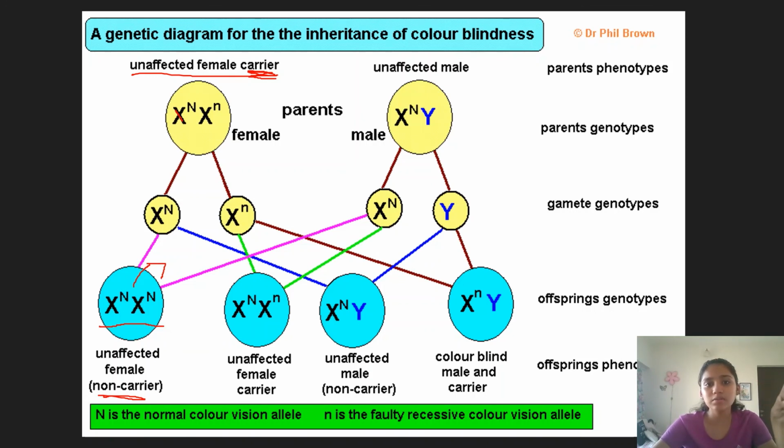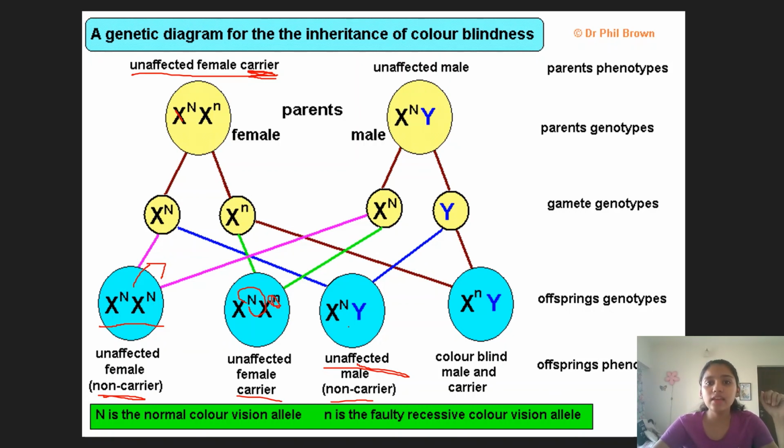So this means that the female is unaffected because she has the dominant allele, but she also has the recessive allele, so she's a carrier. Then we have a male which has the capital N gene on the X chromosome, which makes him unaffected because it's dominant, and so he's a non-carrier. So Y will not have anything. Just remember, Y won't have anything in a sex-linked characteristic.